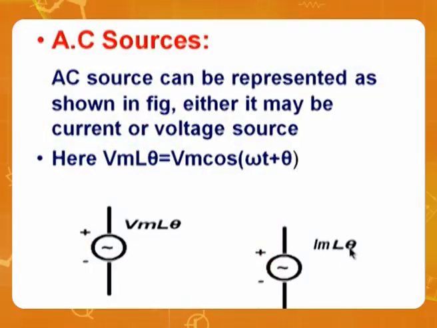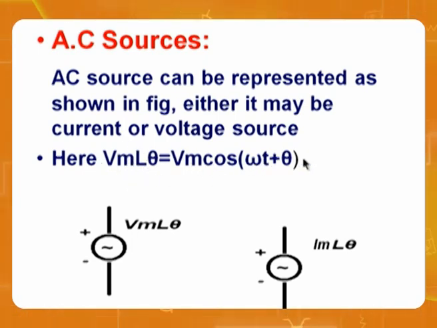Now AC sources. AC sources are given by sinusoidal symbol. This is current source, voltage source here, current source here. Magnitude, angle, magnitude, angle. Remember, we will always say Vm cos omega t plus theta. Here, Vm angle theta is one way of representation.